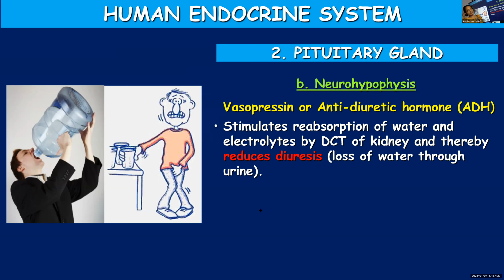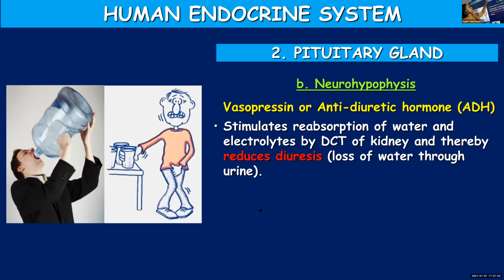It has a distal and a proximal convoluted tubule. Then there is a U-shaped part known as Henle's loop. You will be learning about the detailed structure of the nephron in the chapter excretory products and their elimination. So the distal convoluted tubule of the kidney is a part of the nephron, a part of the tubule.